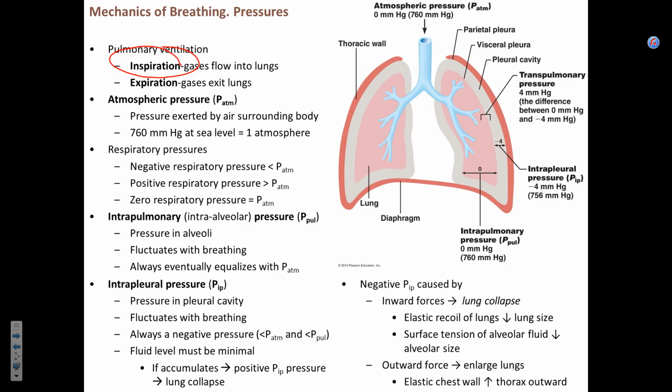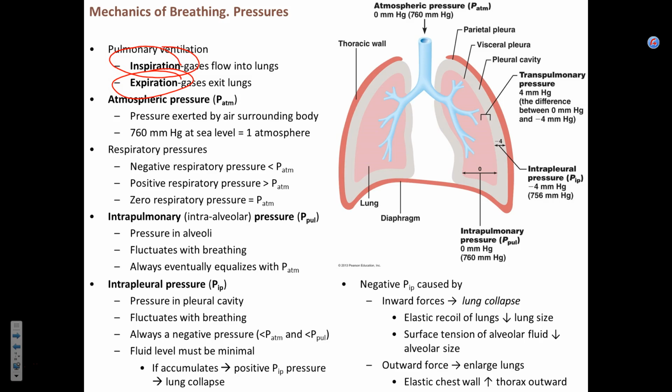Does that make sense? To expire, to get the gas out of the lungs, we are going to increase the pressure inside the lungs to push the air out. Am I clear? Because we presume that atmospheric pressure doesn't change.